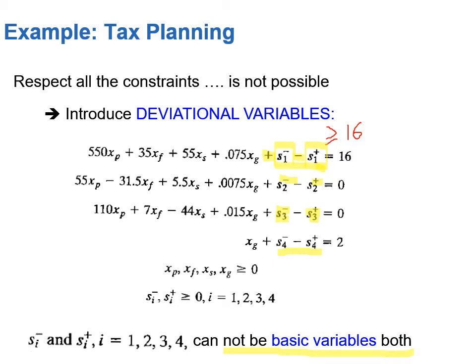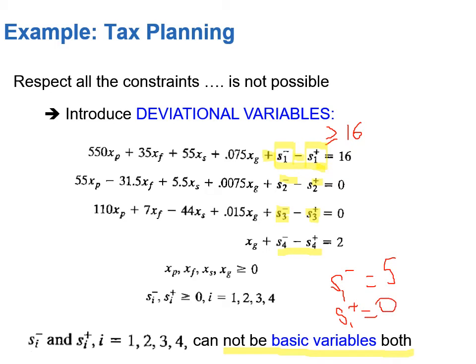It means that in the optimal solution, either you will have S1 minus take a positive value, let's say it will be 5. If that's the case, then S1 plus will be 0. Okay, it will definitely be 0.